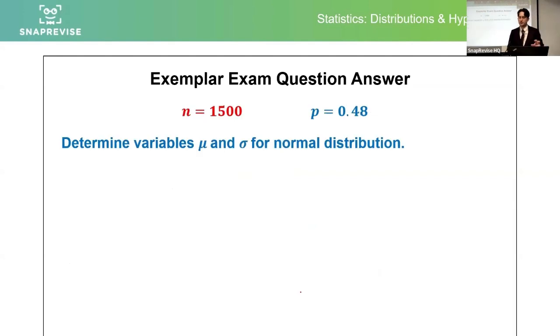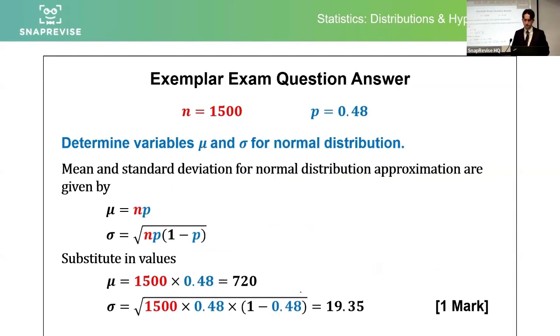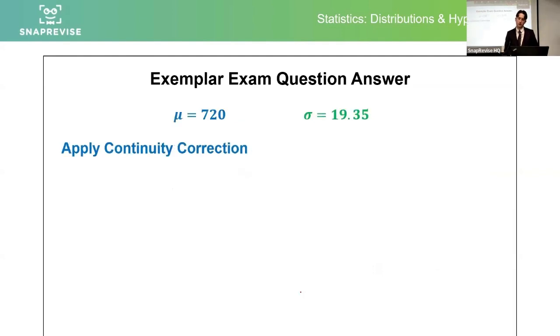So we're going to do n times p, which will give us the mu value, and the square root of n times p times 1 minus p, which will give us the sigma for our normal distribution. So they're the values we have. Cool. So we've got mu as 720, sigma as 19.35.